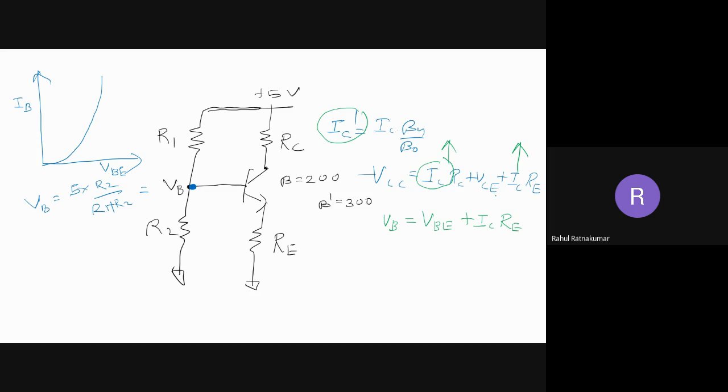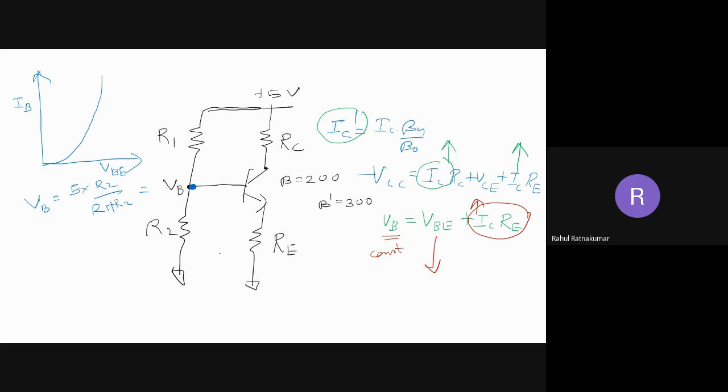So when IC is increasing, this IC RE is increasing. This guy is increasing and this guy is constant. VB is constant. So what happens? There is no option for VBE but to reduce.